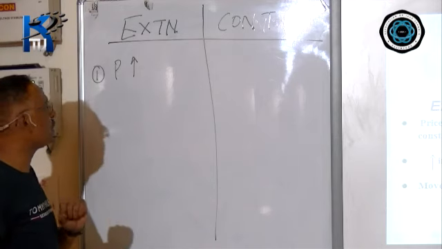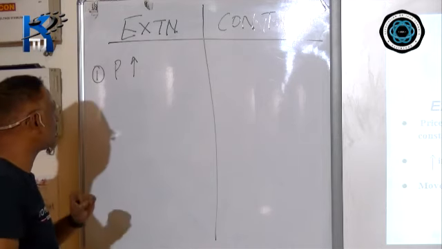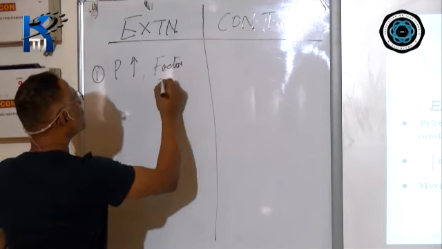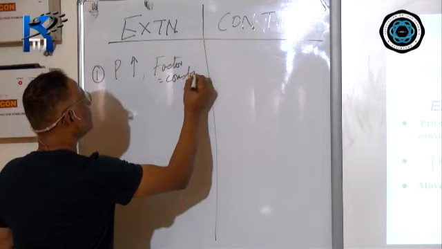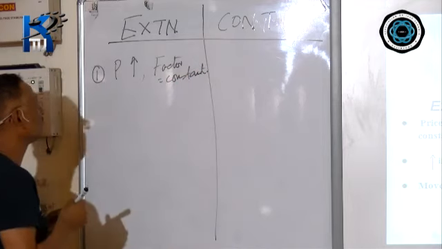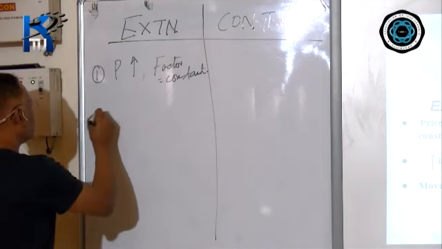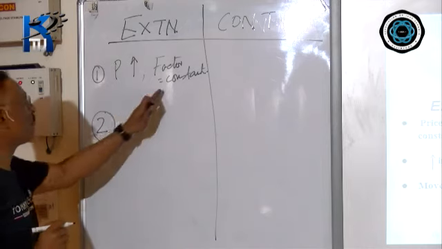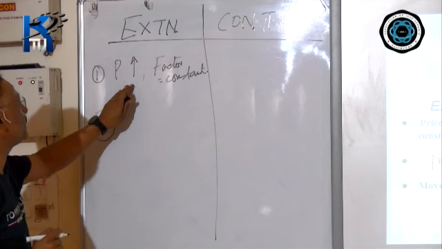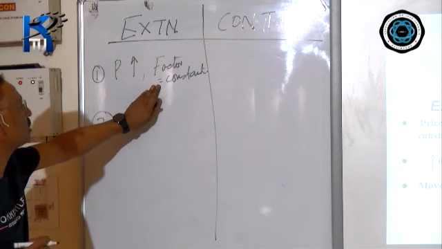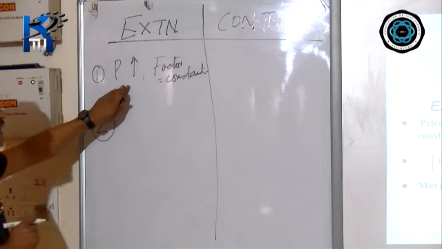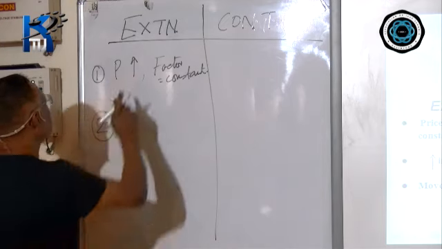There is no change in the price of related goods, etc. So your other factors will remain constant. If the price increases, what happens? The quantity demanded should also increase.